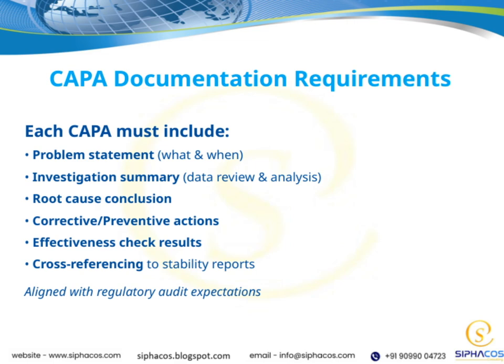Additionally, it's important to cross-reference these CAPA reports with stability reports to maintain consistency and traceability. All of these elements are aligned with regulatory audit expectations, ensuring our CAPA process is comprehensive and compliant. By covering these points thoroughly, we reinforce our commitment to quality and continuous improvement across the organization.